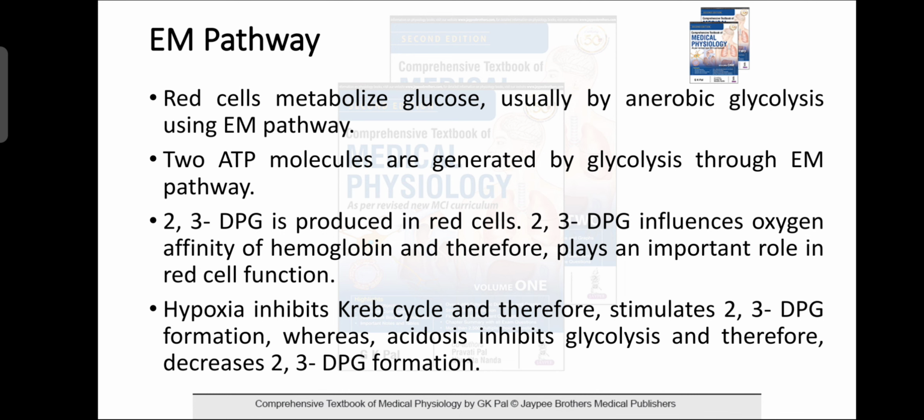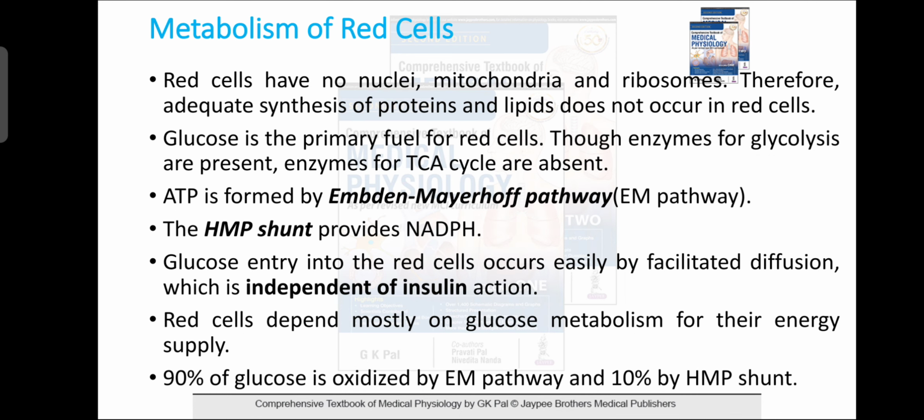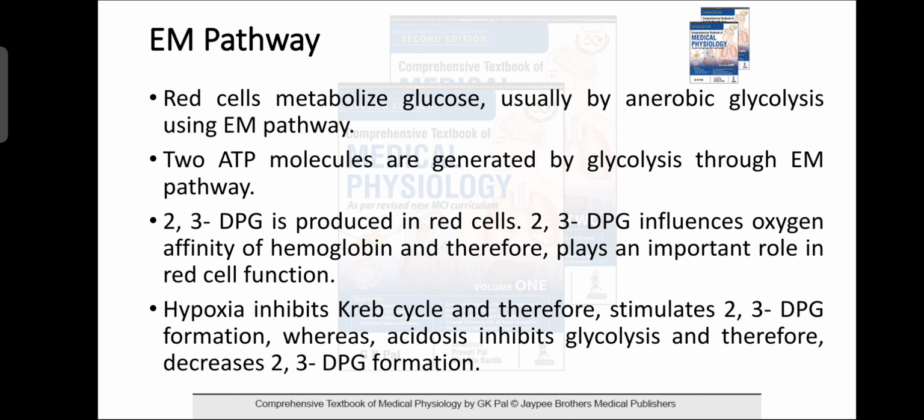Embden-Meyerhof pathway. RBC metabolizes glucose by anaerobic glycolysis using the Embden-Meyerhof pathway. Two ATP molecules are generated by glycolysis through this pathway. 2,3-DPG is also produced in the RBC. 2,3-DPG influences the oxygen affinity of hemoglobin and plays an important role in RBC function.